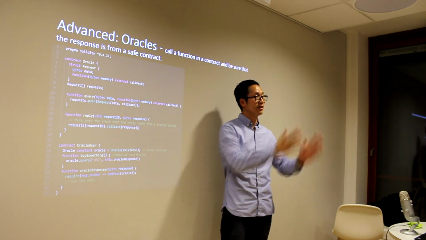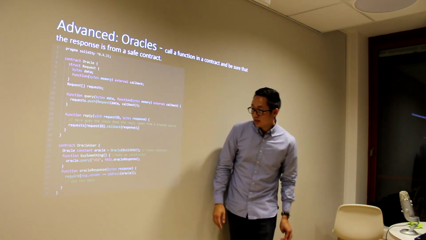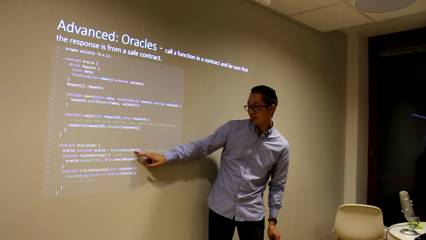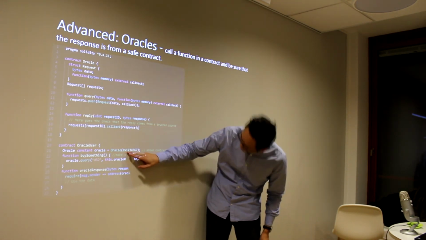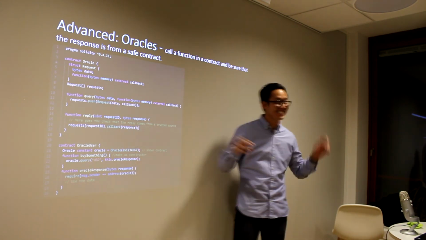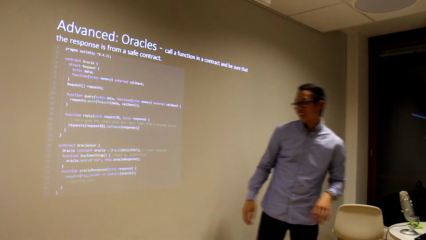So yes, two questions. The first is that number when you create Oracle, what is that number? This is an address. This is a false address. It should be 20 bytes, but I was lazy. How do you know that number? Sorry? How do you get that number?